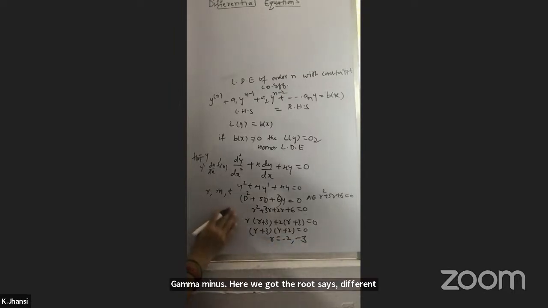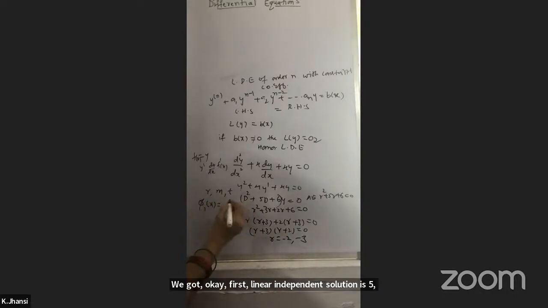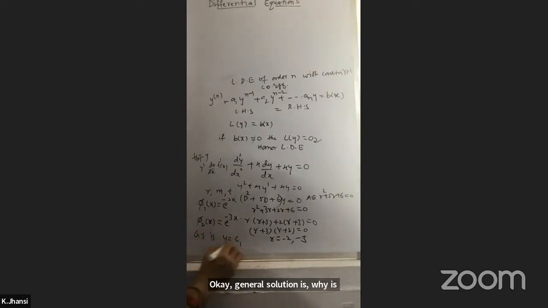So the first linear independent solution is phi 1 of x equals e to the power of minus 2x. The next linear independent solution is phi 2 of x equals e to the power of minus 3x. The general solution is y equals constant terms.